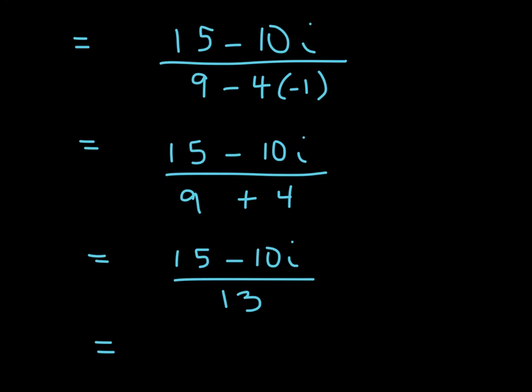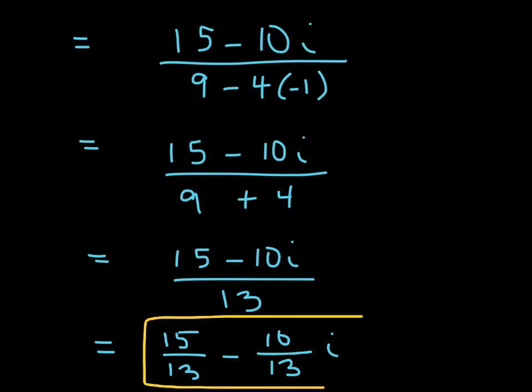So we're going to rewrite it like this. The first term over the denominator minus the second term over the denominator. This must be the way you write your final answer for complex numbers, always in standard form. So your real part is 15 thirteenths. Your imaginary part is negative 10 thirteenths.